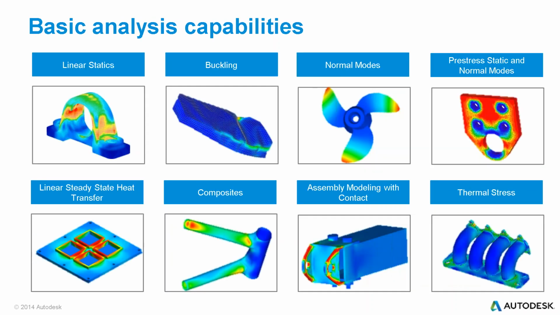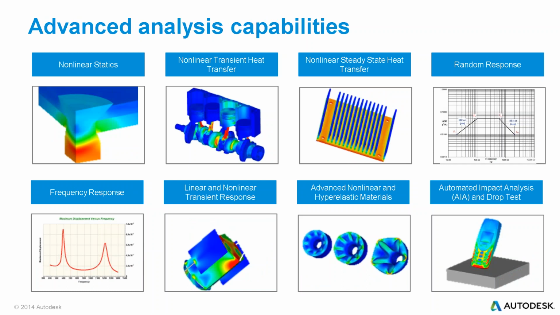Not going to go through every single one of these, but just to hit some of the highlights. Nastran is purpose-built for linear static analysis, buckling, modal analysis. You've got linear steady-state heat transfer. You've got composite materials you can work with. Obviously, assemblies with contacts. Thermal stresses can be played into here. You've got nonlinear statics.